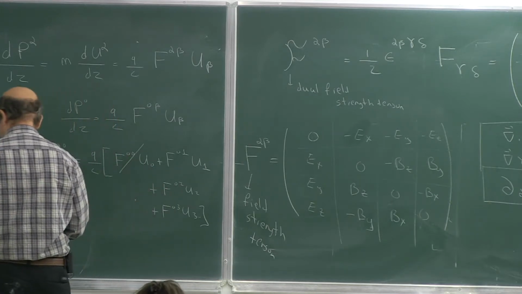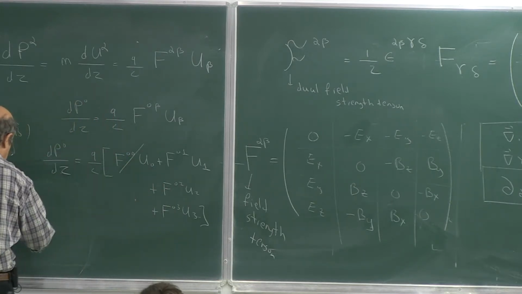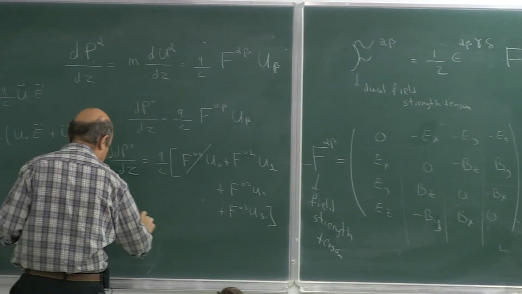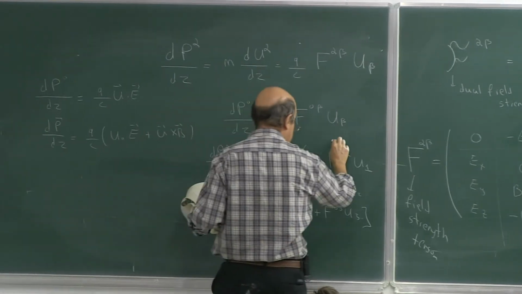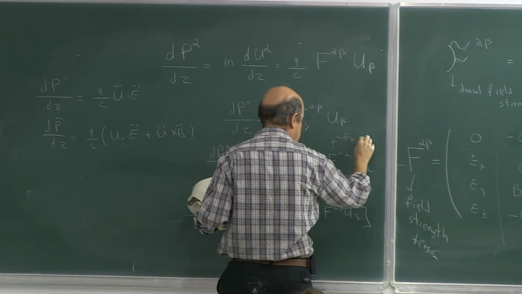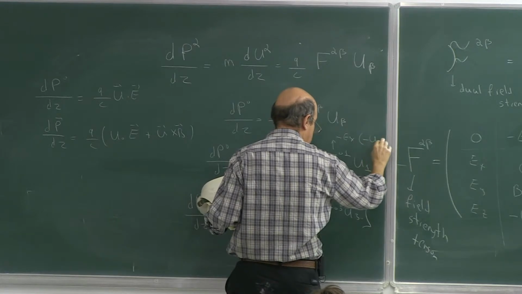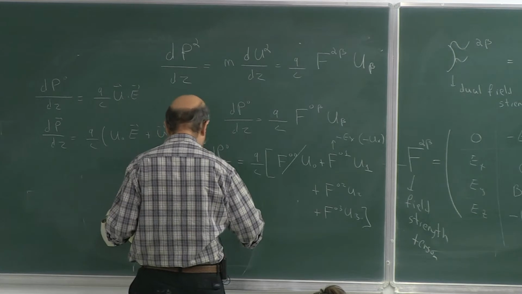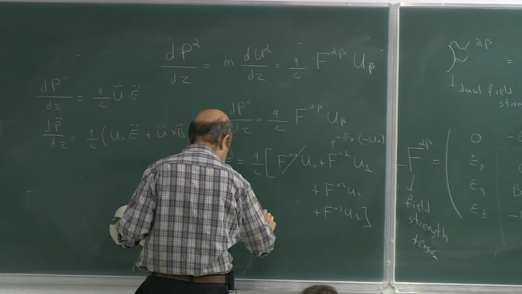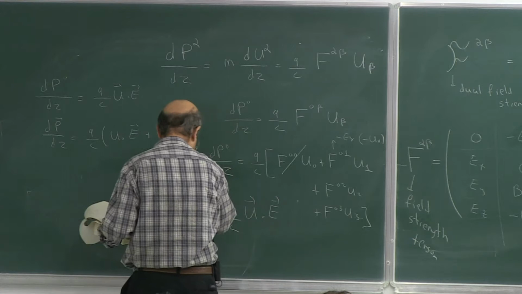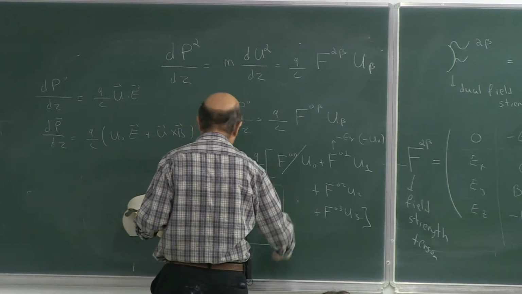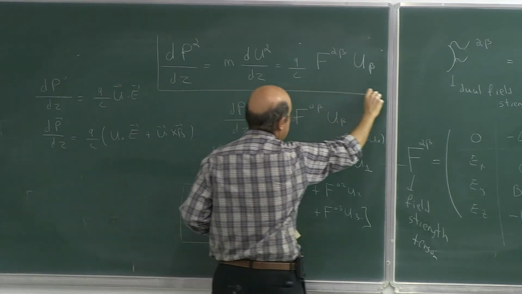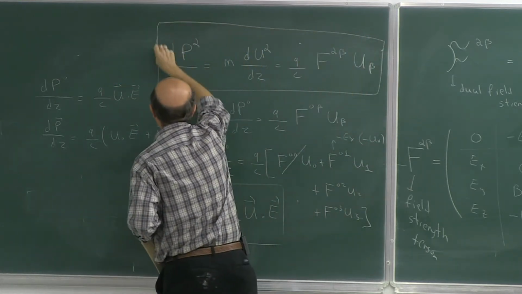So altogether you obtain dp0 over d tau as q over c times minus Ex, minus ux, and the others the same, which is nothing but u dot E, the power. So basically the 4-dimensional Lorentz force in the covariant form is expressed in this format.